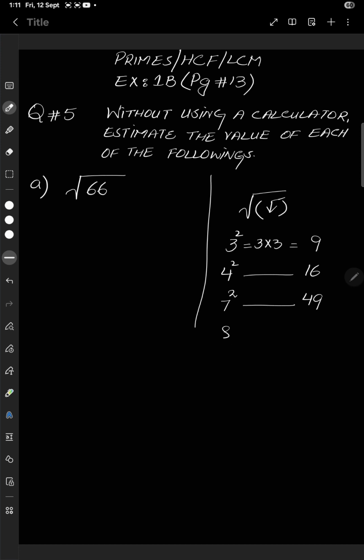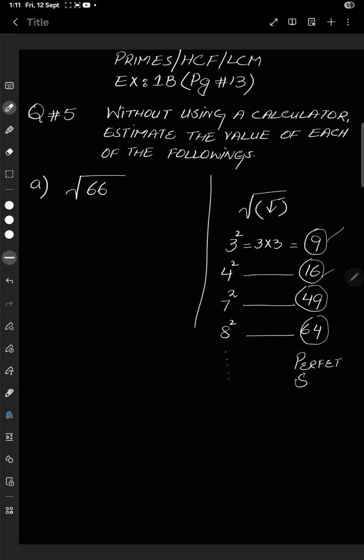Similarly, when we take 8 square, the answer will be 64, and so on. All those numbers which are the result of the squares of some numbers, as 16 comes from 4 square and 49 comes from 7 square, are called perfect squares.